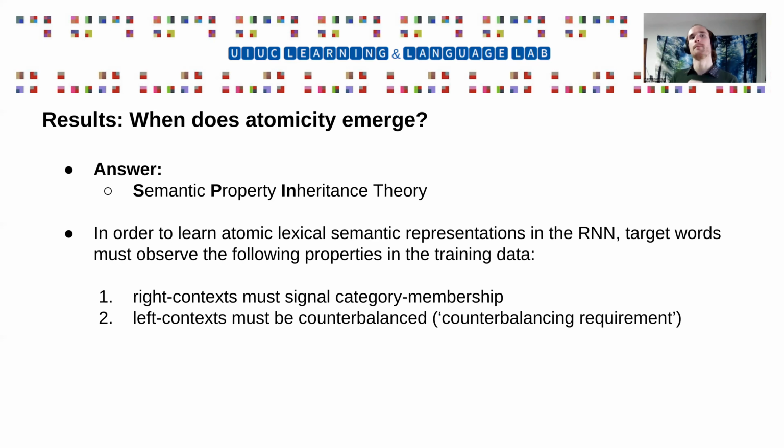So there's a stark distinction between information that is predicted and information that is predictive. And so you actually want left contexts of target words to be totally uninformative so that the target word itself can stand out as a discrete standalone unit, and so that the network can learn that it is the predictor. And if it is the predictor, then it can inherit all those semantic properties and become atomic.